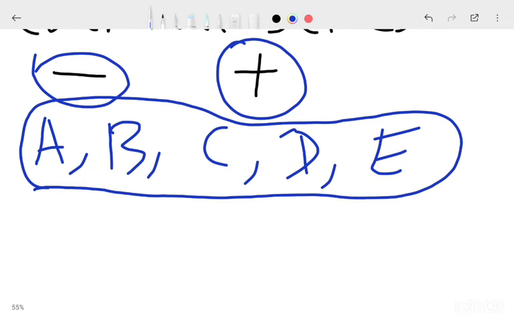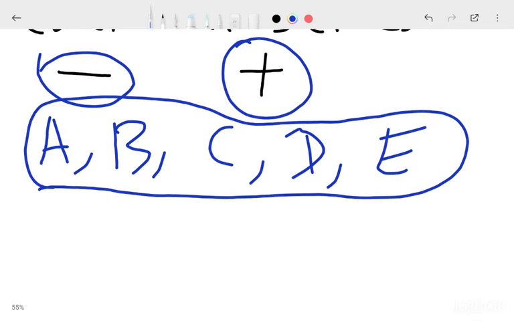So let's use one example so you understand better. I believe this explanation is clear, right? Let's use zinc.